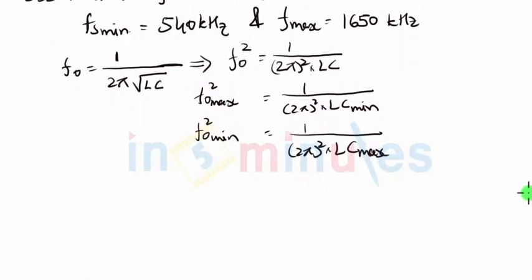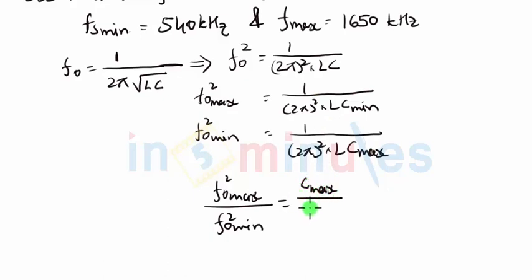So in this case, if I take the ratio FO max square upon FO min square, Cmax will go in the numerator and Cmin will remain in the denominator. 2 pi square and L will cancel out, so it will come out to be Cmax by Cmin. I repeat, when you take FO max upon FO min, Cmin will go in the denominator because FO max has Cmin in the denominator, and Cmax will come in the numerator.